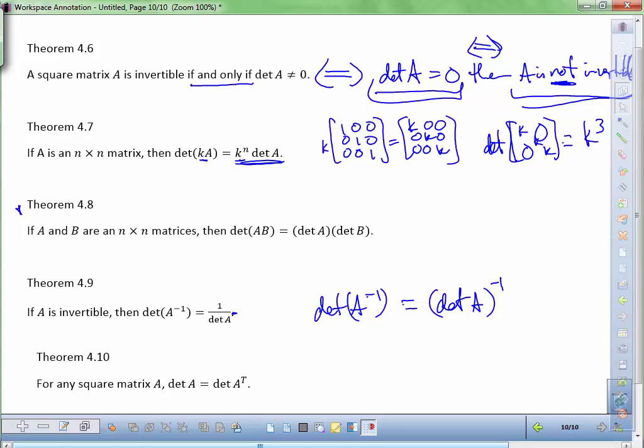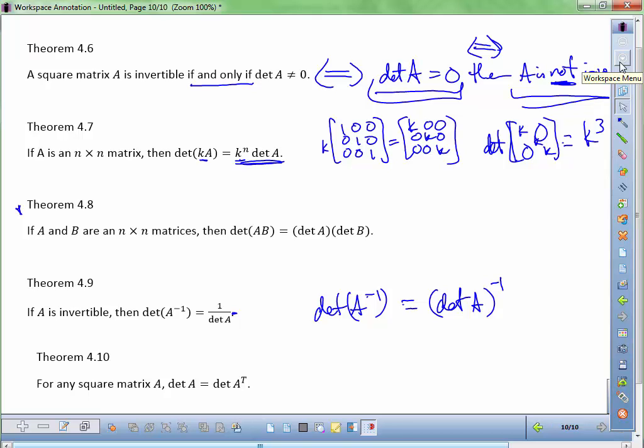So if you expanded by the first row in matrix A, and then you take the transpose, the first row becomes the first column, and you can expand by that and still get the same result. So that one's kind of obvious. Yeah, obvious. It should be clear to the reader.